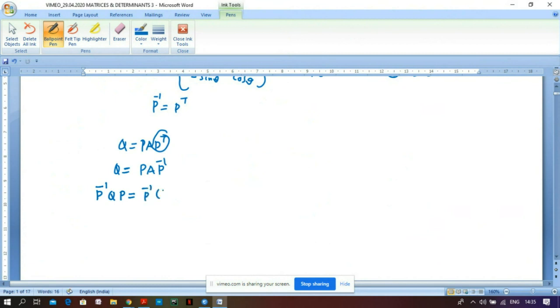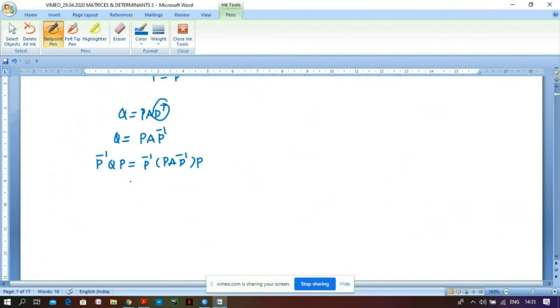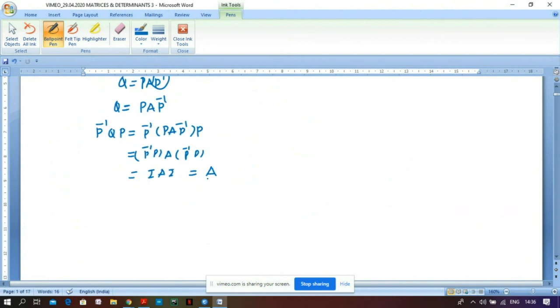That's P inverse, PAP inverse, times P. We can associate in any manner we want, and this P inverse P is again I, and this is PA times P inverse P. So it's like I, A, and I. This is all automatic. You can quickly write A in the exam. So now this is A.